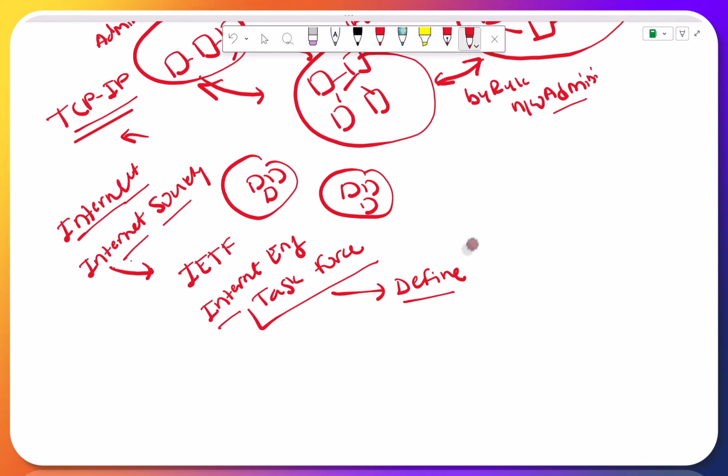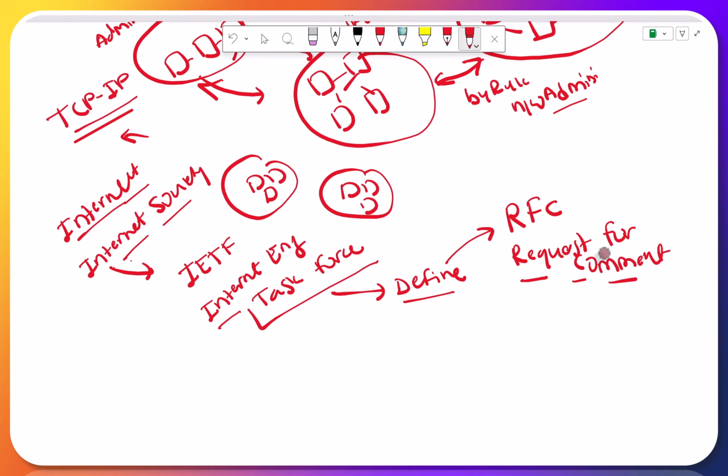Okay. So how will these standards be defined? Somebody can obviously ask, I want to see how the TCP/IP standard is defined. So these standards are defined and documented as a part of RFC, that is Request for Comments. So who can create the RFCs?